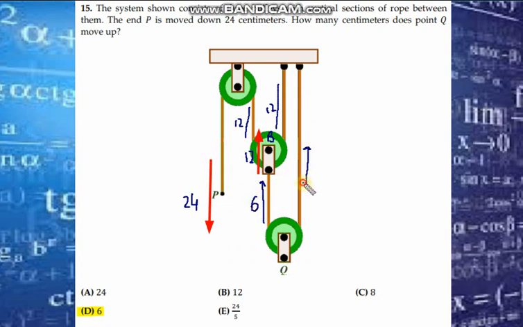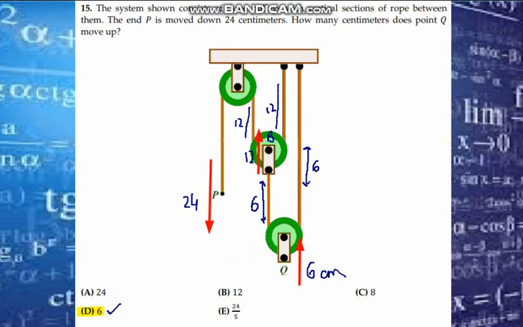Right? So 6 centimeters being reduced on both sides of pulley Q. 6 plus 6 makes it 12 centimeters of rope moving up on this side in total. Right? And when that happens, pulley Q is going to move up by a total of 6 centimeters as well. And hence my answer is D.